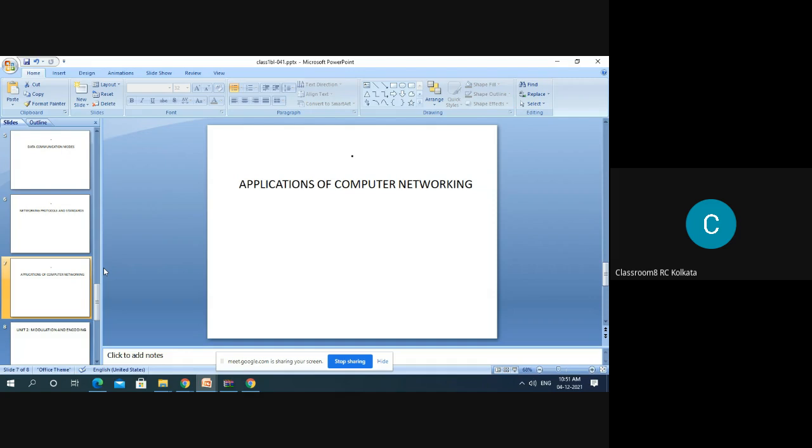Then any of the 10 computers can print from this printer. Suppose a server has a lot of data available; a client from a remote distance can use this data. So actually the main application of computer network is sharing.